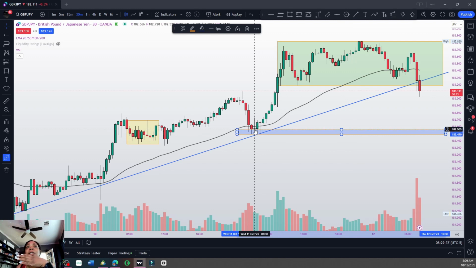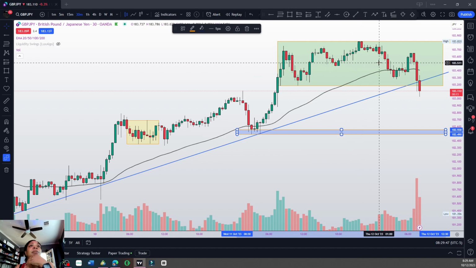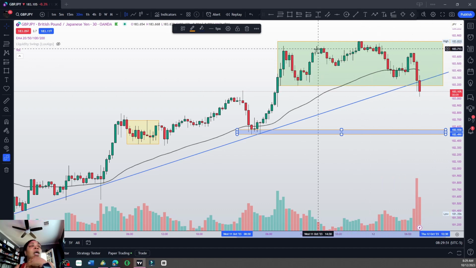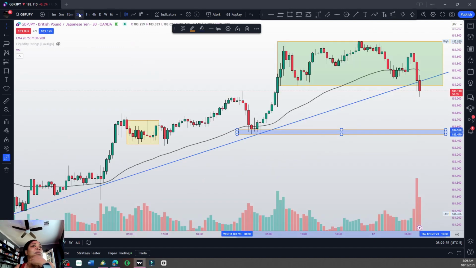And I mark areas. There's not a specific number that I'm going to mark, and as long as it's in that area, usually I'll take profit whenever I can see that profit's going to be taken. So what I'm looking for on this current candle right here with GJ on the 30-minute, I trade the 15, but I kind of toggle between 15 and 30.